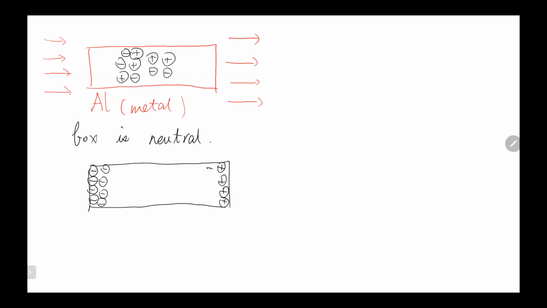So eventually, at a steady state, the electric field on the outside is going to move the positive charge and the negative charge to different sides. And you will see the polarized charge is going to generate an internal electric field in the opposite direction.